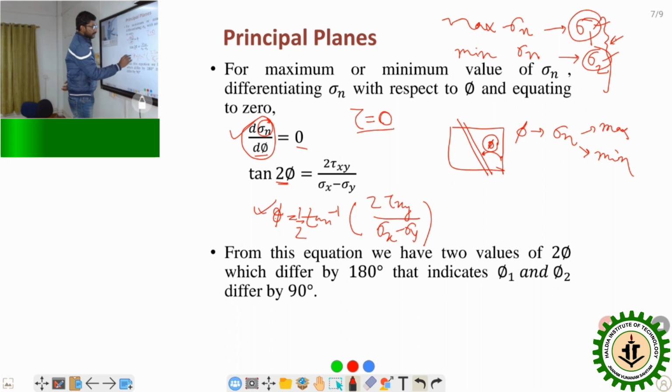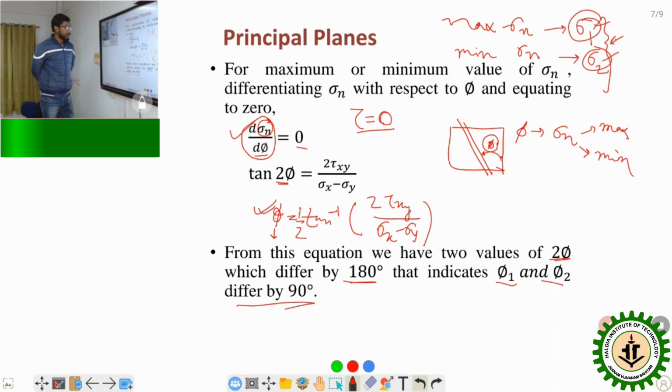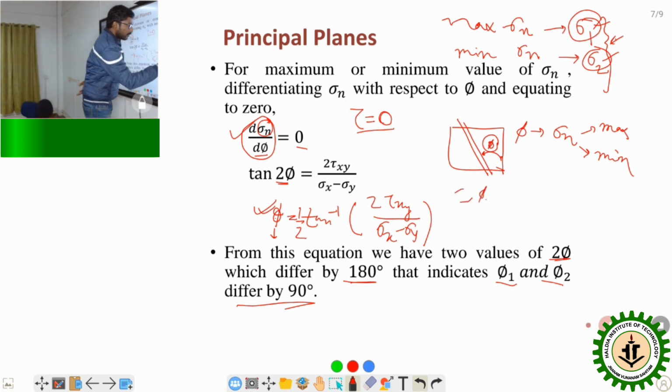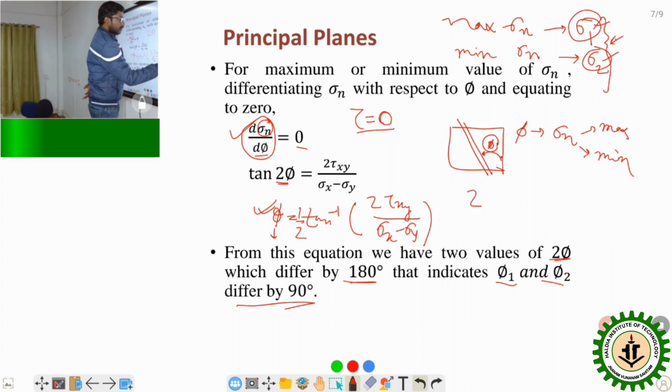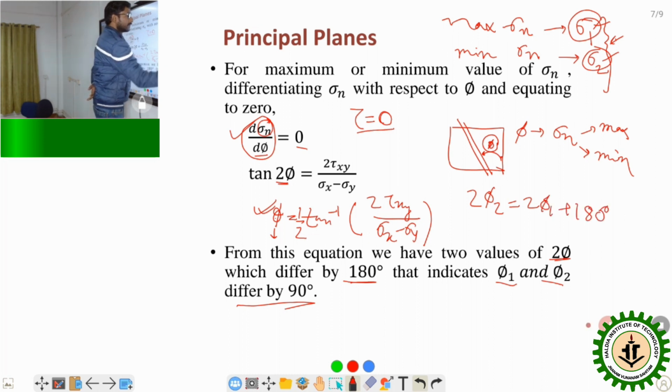From this expression, we have two values of phi. Basically, if we consider only 2 phi, these values of 2 phi differ by 180 degree, so that phi 1 and phi 2 differ by 90 degree. So that means 2 phi 2 equal to 2 phi 1 plus 180 degree.